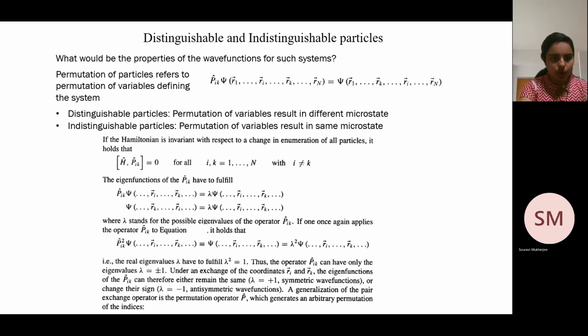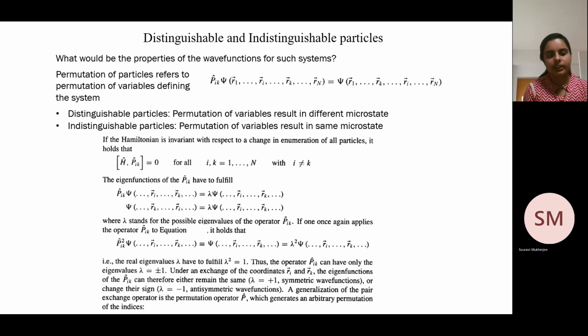So when you operate this permutation operator, you can get two kinds of states. One is a symmetric wave function where lambda is plus 1. Another is an antisymmetric wave function where lambda is minus 1. Depending on whether you get plus 1 or minus 1, that would change how your system behaves when you operate this operator a number of times. Suppose your wave function is symmetric.